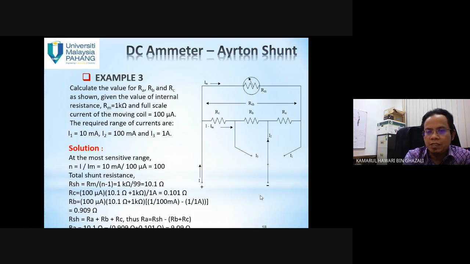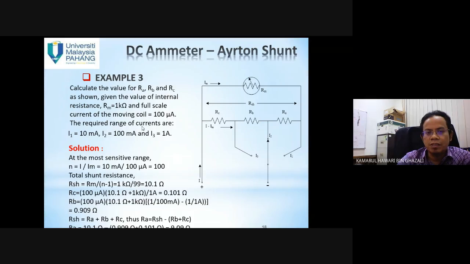Example 3. You can try this example 3 to understand how to get RA, RB, and RC from the Ayrton shunt, and calculate the values of RA, RB, and RC as shown, given the internal resistance Rm equals 1 kilo ohm and full scale current of the moving coil equals 100 microampere.